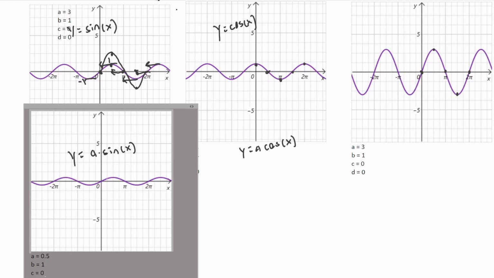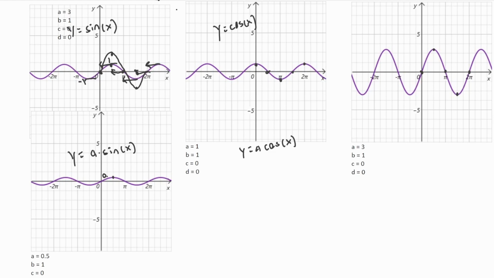And so now, instead of being at 1, this right here is at 0.5. And this is -0.5. But the key features line up the same. So when we're talking about sine or cosine, they're all going to have an amplitude. And essentially that amplitude is the hypotenuse of the theoretical triangle we're making.